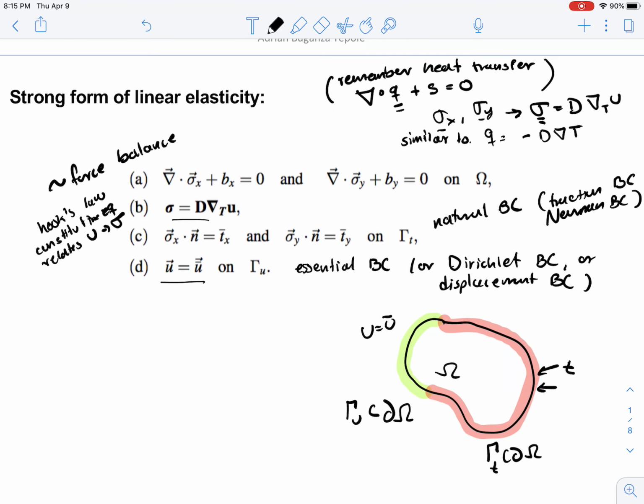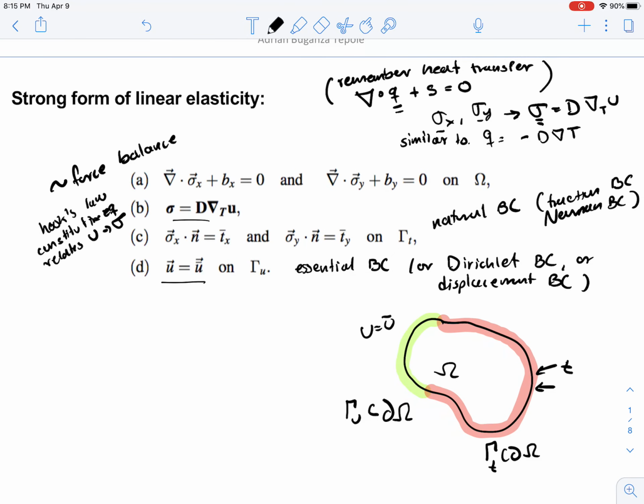Also, a few other notation that you might have seen in your 323 class. This matrix sigma has 4 components. So this will be sigma x, tau xy. This is a symmetric matrix. So there's normal stresses and shear stresses.